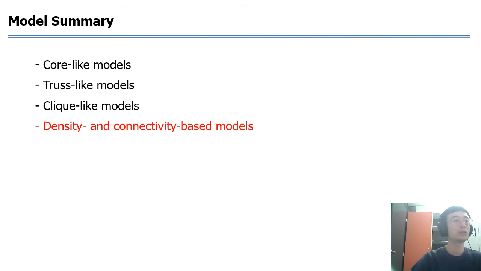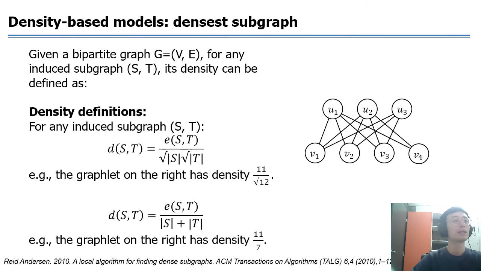Next, I will introduce the density and connectivity-based models. There are several metrics to define the bipartite graph density. For example, given a bipartite graph G, for any induced subgraph S, T, we can define the density like this.